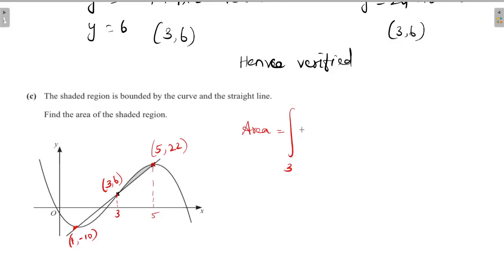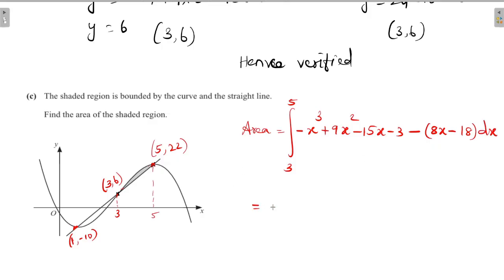the integral from 3 to 5. The curve is the above part, so we write the equation of the curve, −x cubed + 9x squared − 15x − 3. The line is the below part, so we subtract the line, 8x − 18, dx.